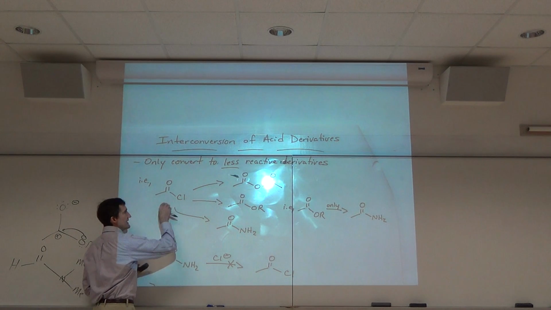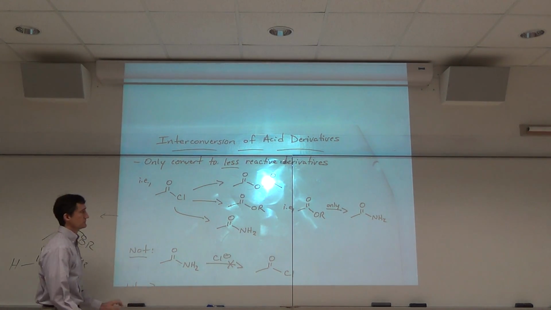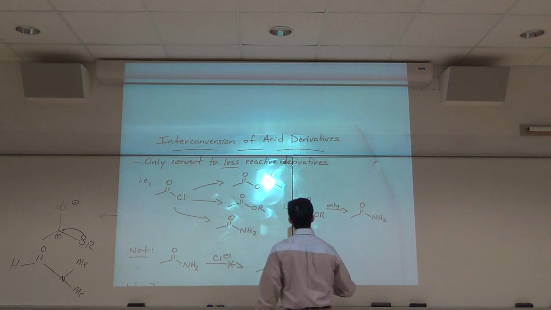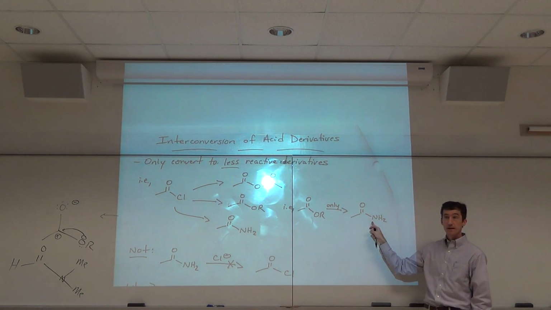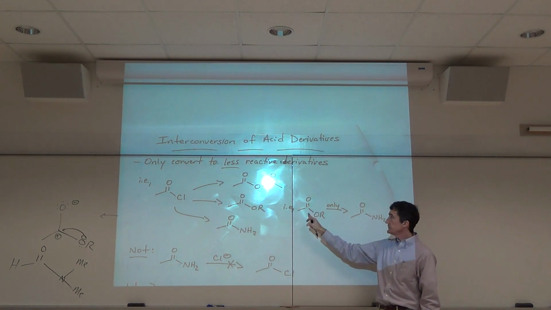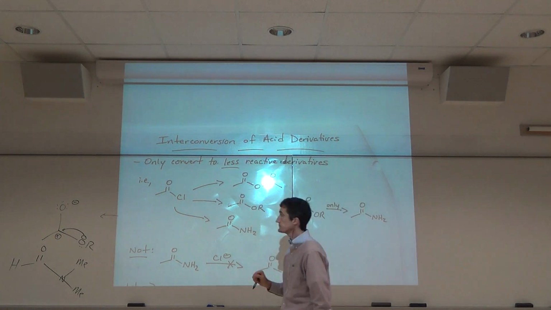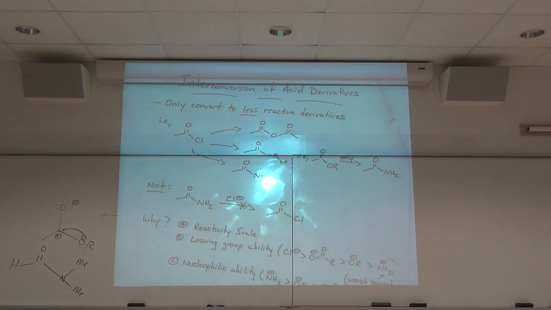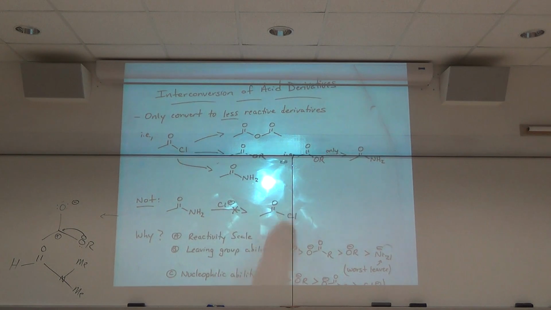For example, acid chloride can be converted to an anhydride, an ester, or an amide, because these 3 are all less reactive. An ester can only be converted to what? Amide, because it's the only one that's less reactive. You're not going to directly convert an ester to an acid chloride. You're not going to convert an amide to an acid chloride.